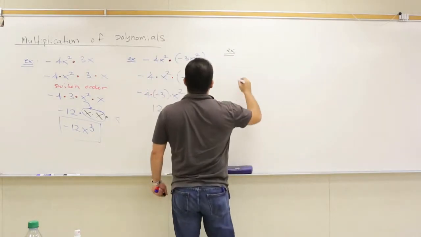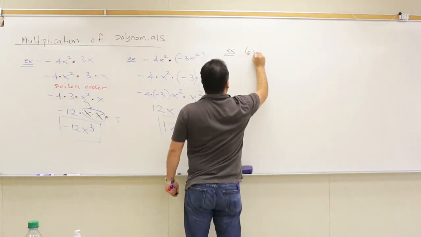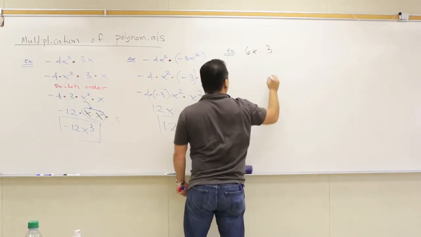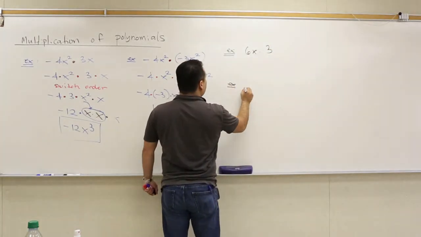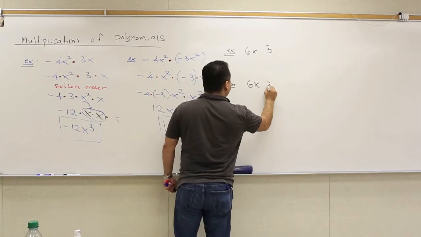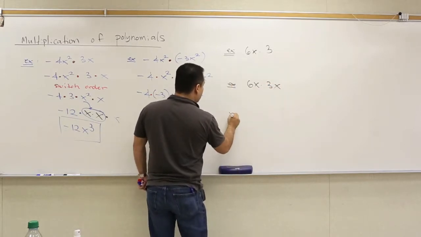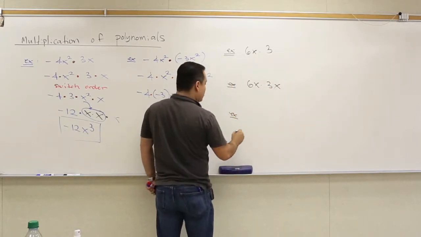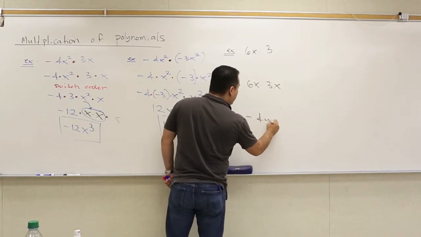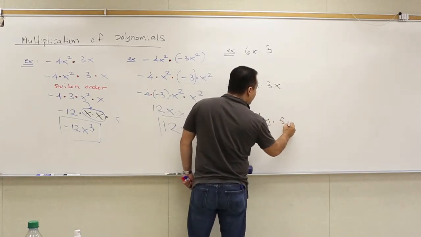Okay, how about this? 6x times 3. 6x times 3x. Let's change the letter. Negative 4y times 5y cubed.